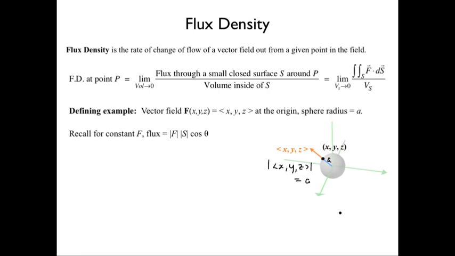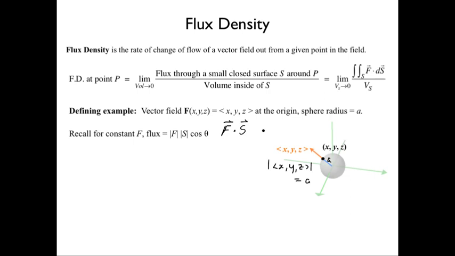That's the cosine theta. Remember, it was F dot S, our formula for flux. And so that was taking the force in as much as it was in the direction orthogonal to the surface, right? That's what the dot product does.